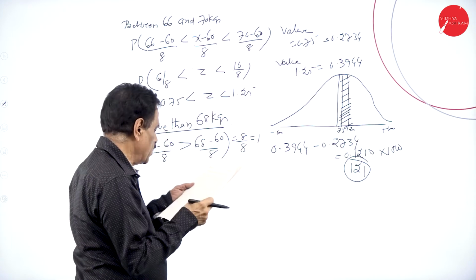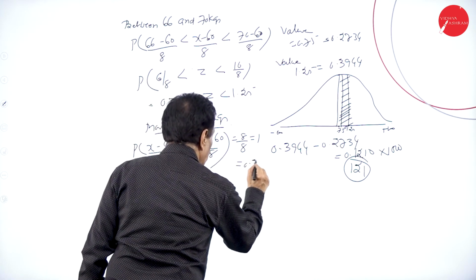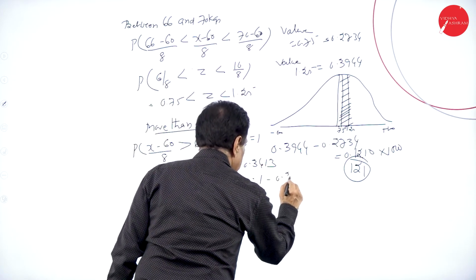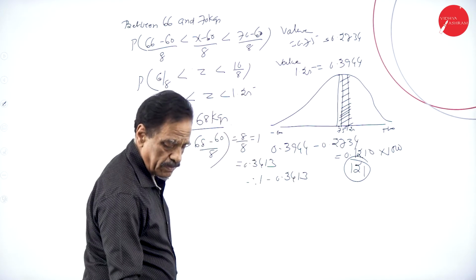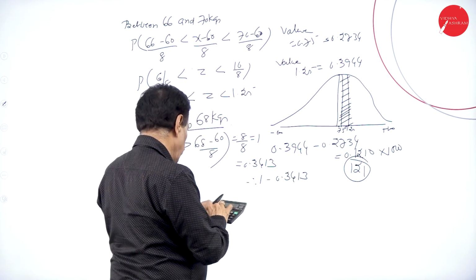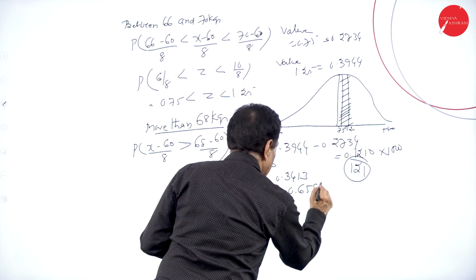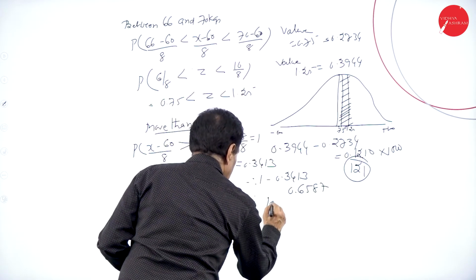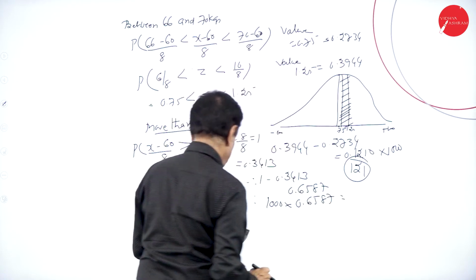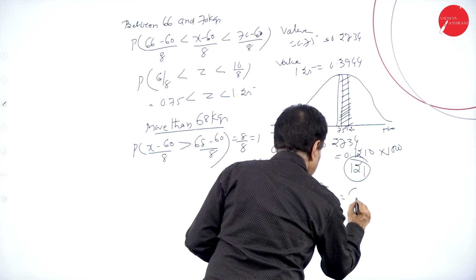The value of 1 is 0.3413. Therefore, 1 minus 0.3413 is 0.6587. Therefore, 1000 into 0.6587 is 658, say 659.